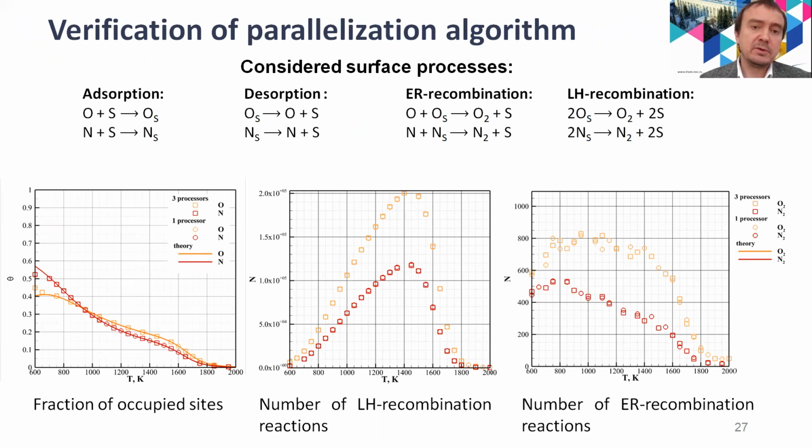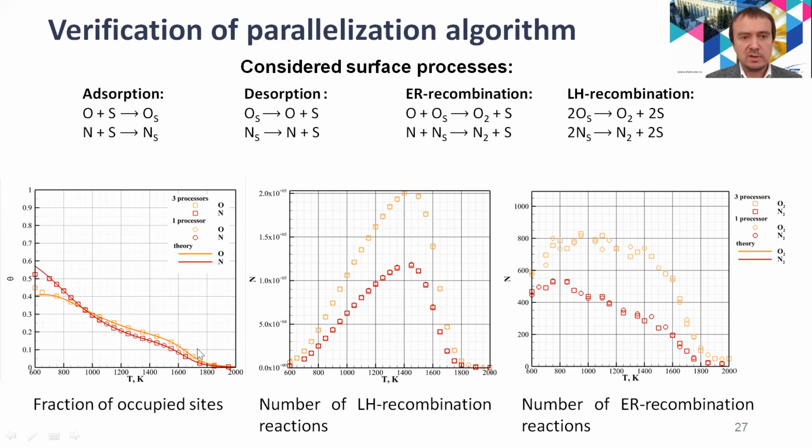And this is a particular verification of this multiprocessor algorithm. As you can see here, we have these theoretical curves, the 1 processor case which is shown by circles, and the 3 processor case which is shown by squares.